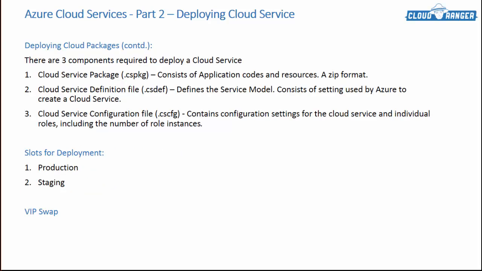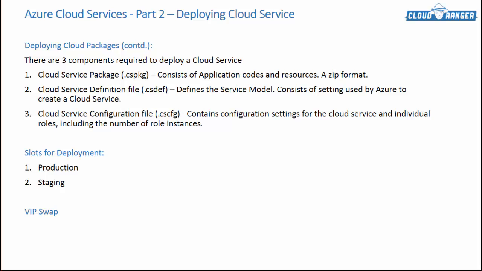Deploying cloud packages: even if there are two files involved for uploading, there are actually three components required to deploy a cloud service. A couple of them we already talked about. We talked about the cloud service package and the cloud service configuration file, but there is also a cloud service definition file. So let's get into details of what a cloud service package is.